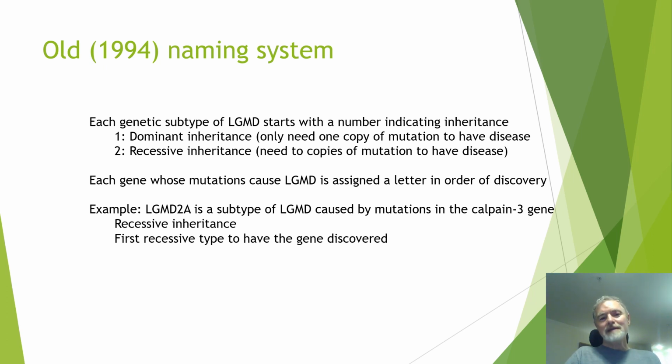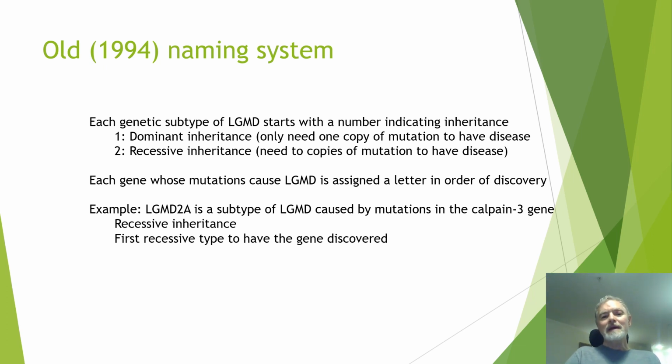Okay, so in 1994, back when the genome was pretty close to being sequenced and people were starting to discover what genes cause limb-girdle muscular dystrophy, from the very beginning it was clear that there were multiple genes that cause LGMD.